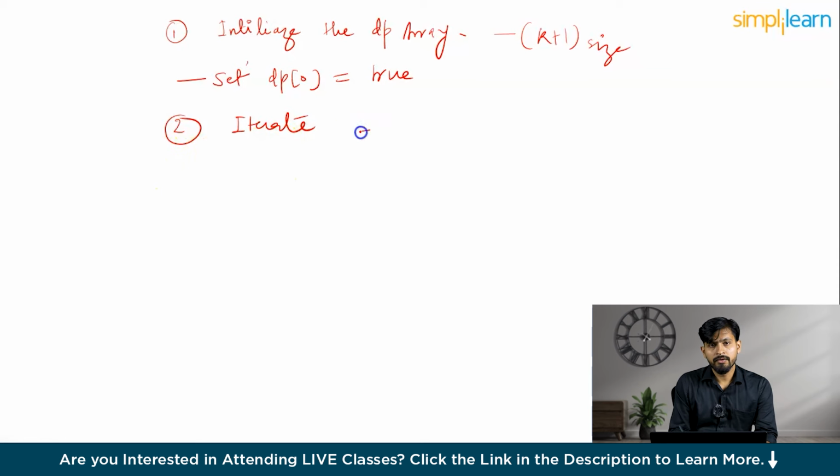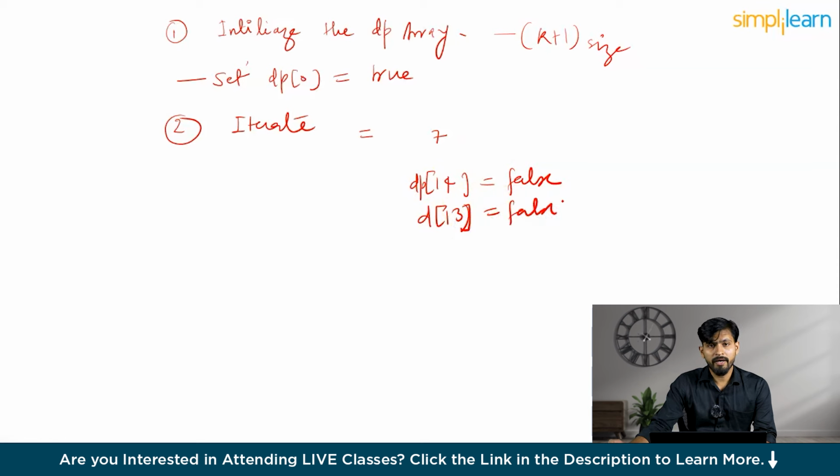Okay, so start from the back at 14 and go to the front at 7. So DP[14] remains false. Then we have DP[13], which is also false. Then we have 12, 11, similarly 9, 8, 7.